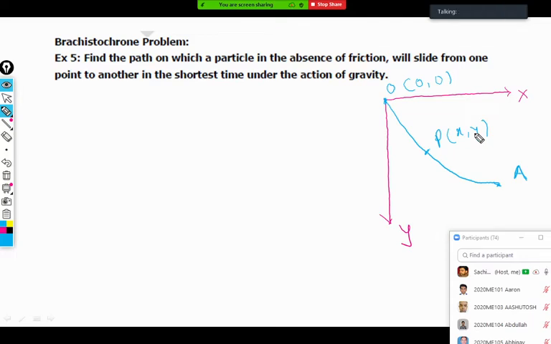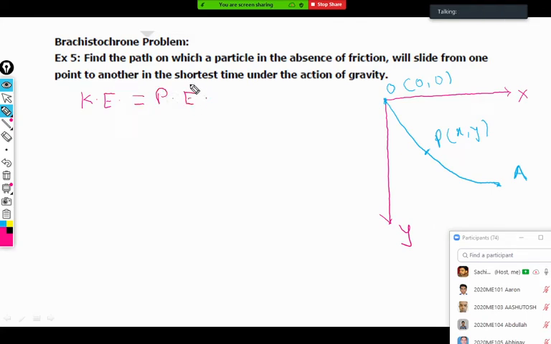Then by the principle of work and energy, for those who know the physics, kinetic energy is equal to potential energy at any instant t. This equation always holds.